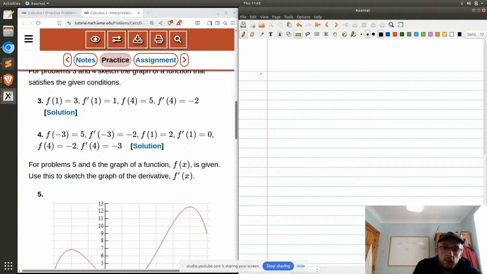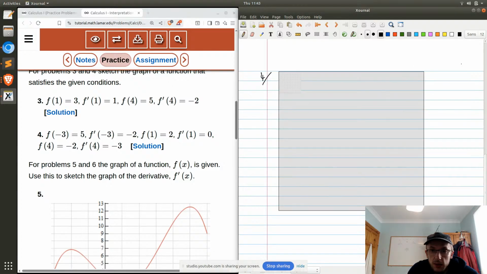Okay, so in problem 4, these are the quantities involved. None of them exceed 8 in magnitude at all. So I'm going to extract this portion of the xy plane.